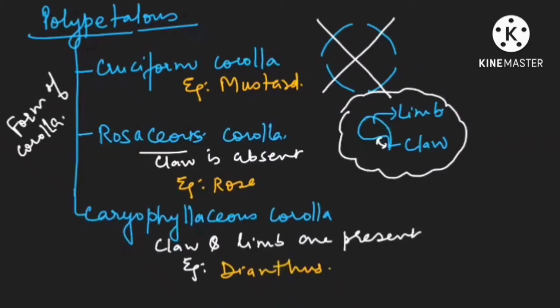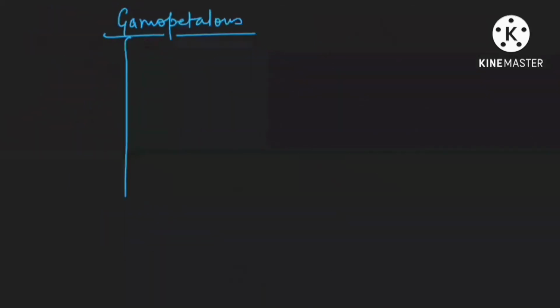Clear, beta? Now we'll be discussing the form of corolla in the gamopetalous condition. There are different forms. One is bell-shaped. These are all given in your NCERT in the theory lines. Bell-shaped is also known as campanulate.